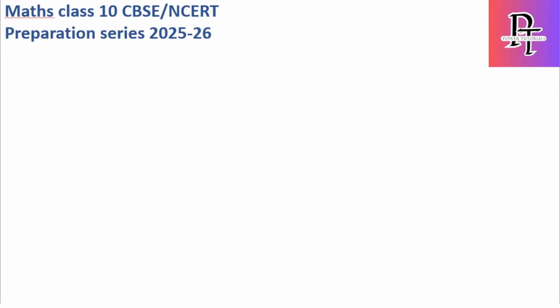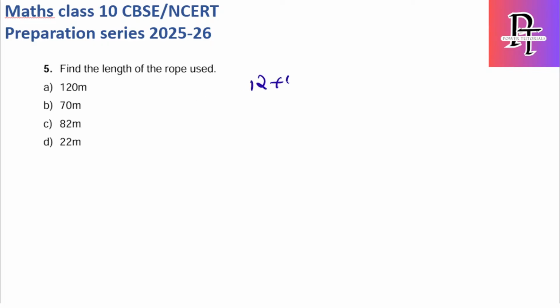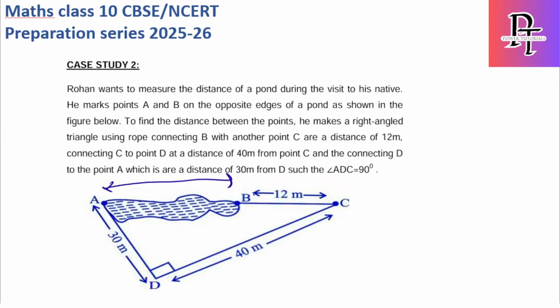Okay, let's move to the last question for case study 2. Find the length of rope used. So simply for this question, no need to think anything, just see this diagram and find the total length. From here you started the length, which is 12 plus 40 plus 38 is the total rope used. 12 plus 38 is 50, 50 plus 40 is... okay, let me check again. 12, 40, 30, not 38.